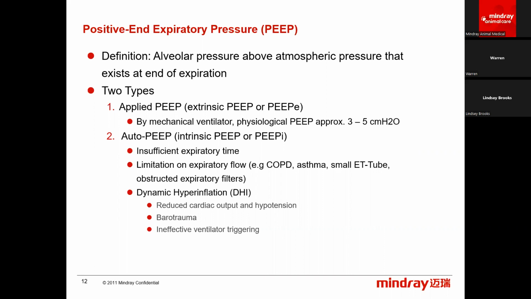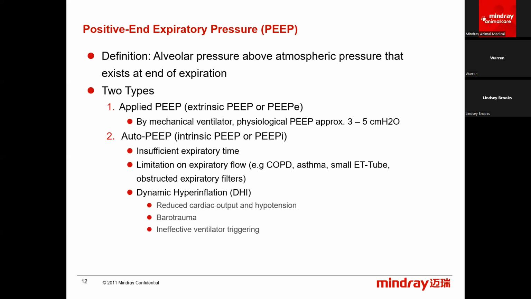So a small ET tube, COPD, respiratory circuit issues like obstructed expiratory filters. And then it can also result from dynamic hyperinflation. This is where your patient's baseline, it's a climbing baseline.